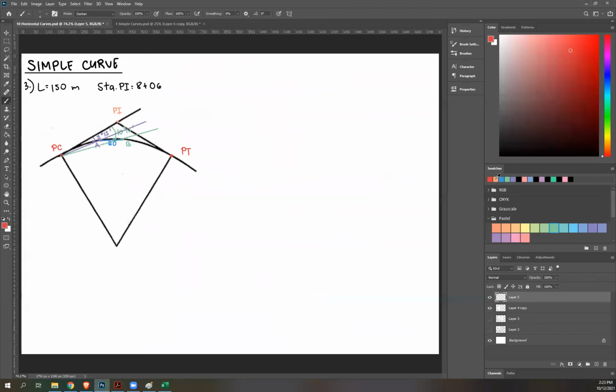Let's draw a radius at these points as well. Center to any point on the curve, those are also your radii. So that's R and R. This is 20, this is 5, this is 10 degrees.